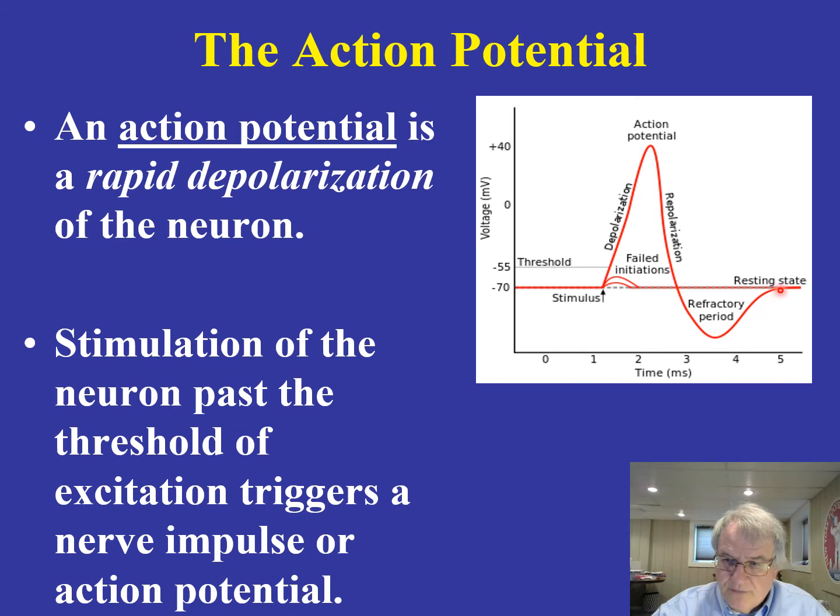And you have this refractory period we'll talk about in a little bit more detail, and then back to this resting state of minus 70 millivolts. Stimulation of the neuron past the threshold of excitation is going to cause that neuron to fire. It's going to cause this action potential to occur. And again, this is all occurring very, very rapidly that you see here.